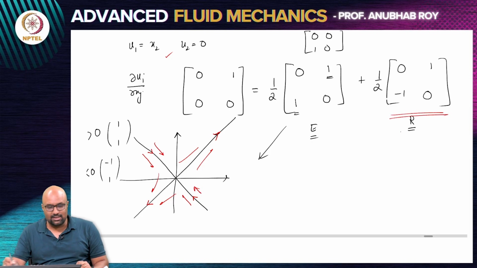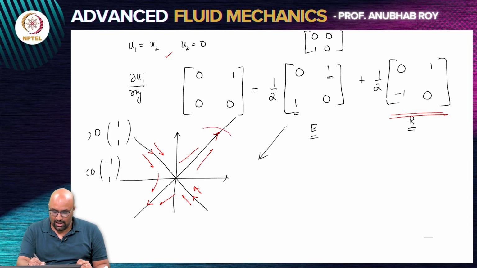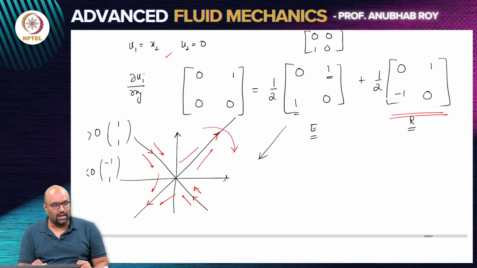The rotation tensor here, if you calculate what would be the vorticity for this particular problem from this rotation tensor, you would see a rigid body motion that gives you a rotation in the clockwise sense. Now, this you contrast with what you learned from the streamline exercise.